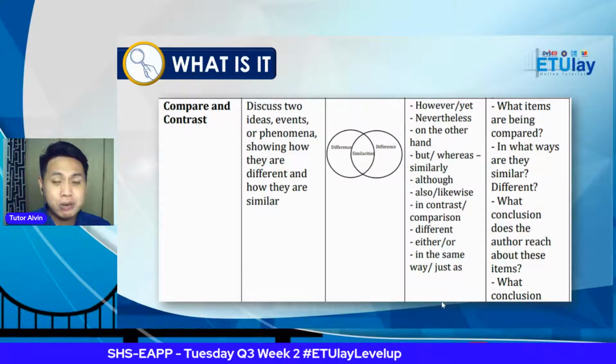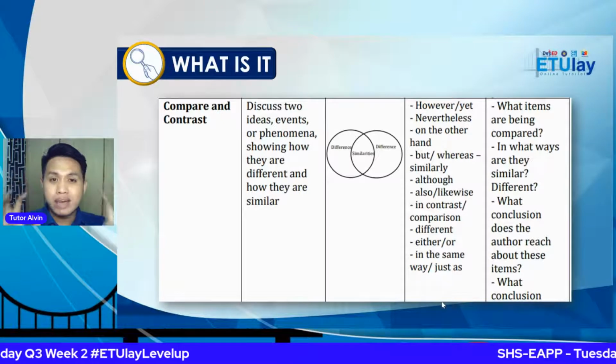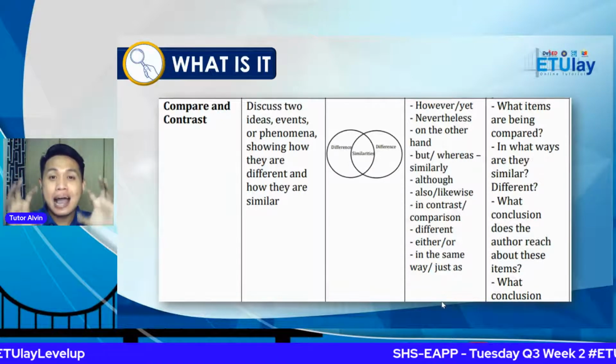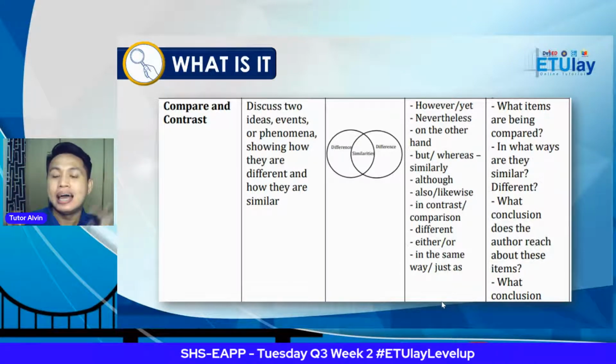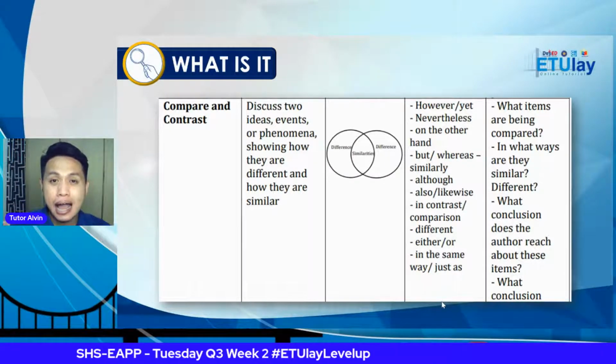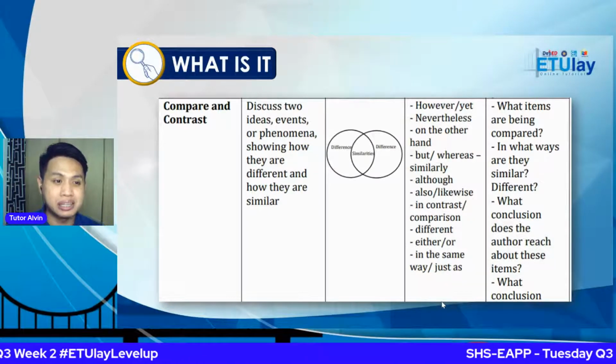What is important here in the compare and contrast is that there are at least two things, two events, two phenomena, where you look for the similarities and the differences.